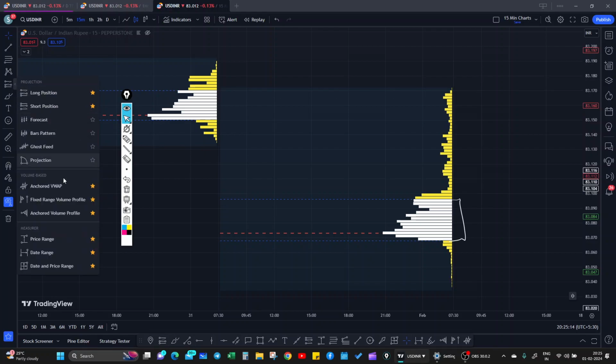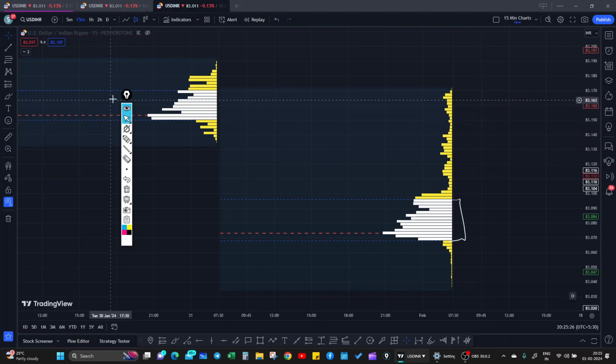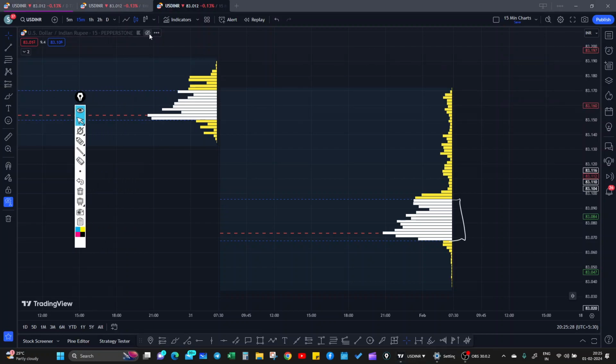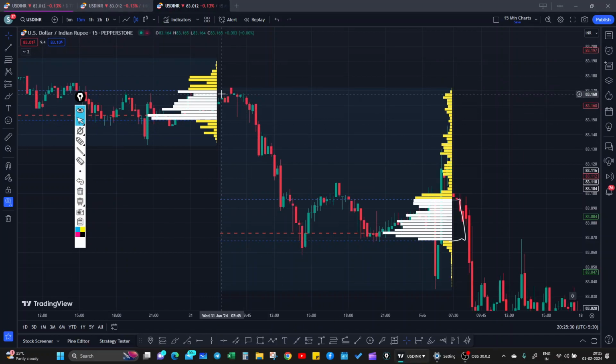If you take the projection type, here you'll see the fixed range volume profile. I use this. So let's understand the basic one, the fixed range volume profile, how it looks. I've taken the graph here. This is USD INR on a 15 minutes chart. I have particularly marked the previous day's profile.